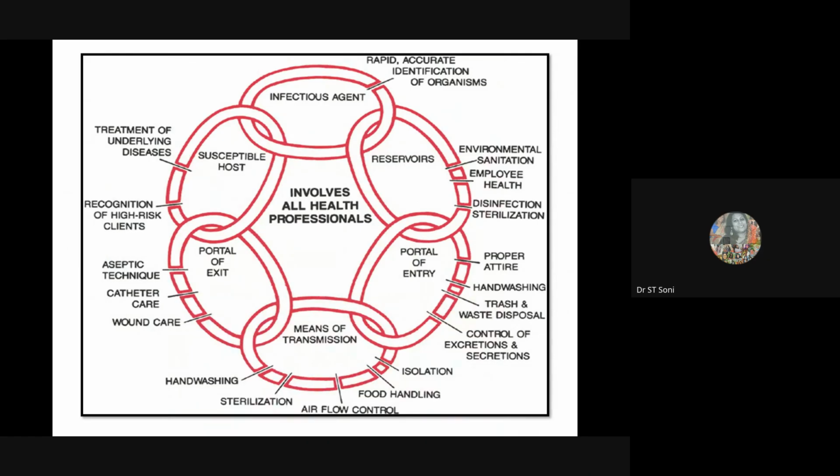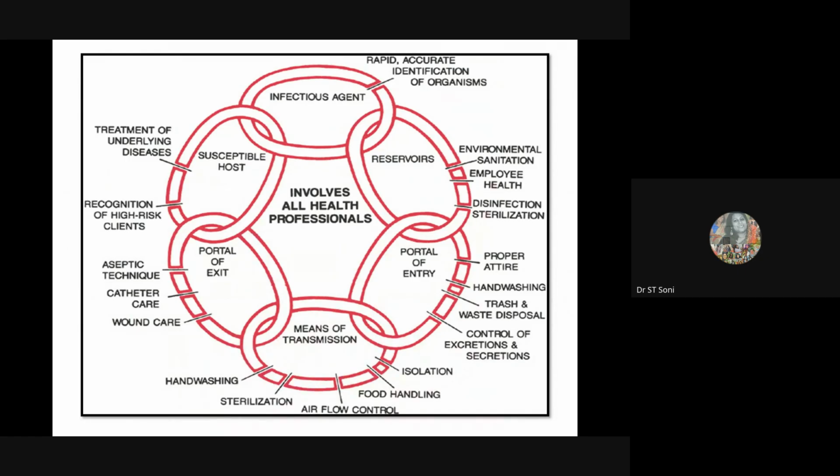So proper attire, like before surgery, surgical scrub is done and proper attire is worn so that infection doesn't occur to the patient, and we use everything in a sterile way. Hand washing is one of the most important tools, or we'll say weapon, against healthcare associated infection.